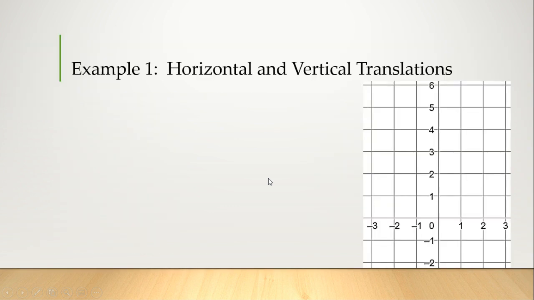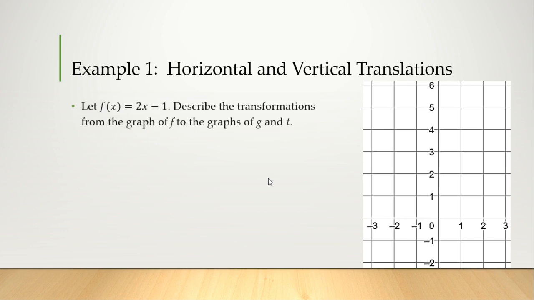So let's see some examples of what this looks like. I've got f of x is equal to 2x minus 1. I want to describe the transformations from the graph of f to the graphs of g and t. So let's see what g and t are. g of x is taking f of x and then adding a 3 to it. So we would take all the values we get from f of x and just add 3. t of x does something different.